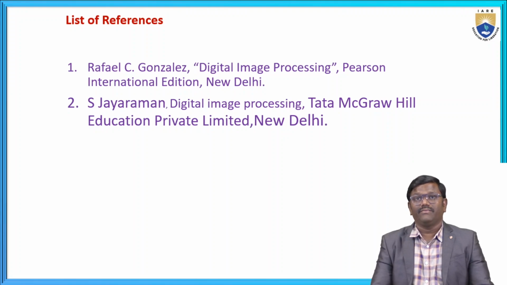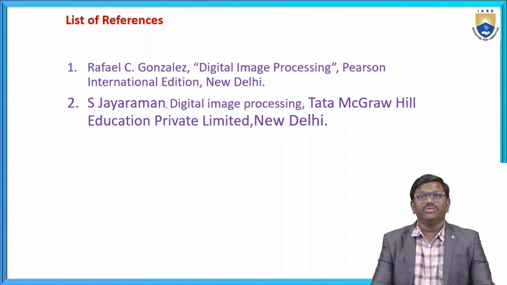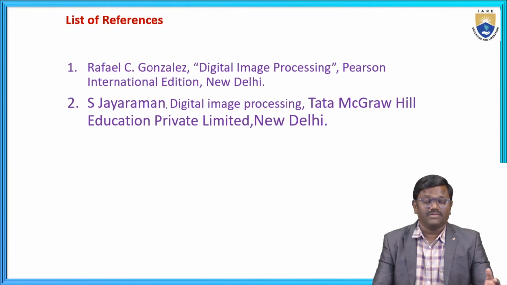I hope you understood the complete topic, the simple concepts which are the fundamentals of spatial filtering. You need to refer to much more about this topic. Kindly go through the reference textbooks, and you may gain much more knowledge.